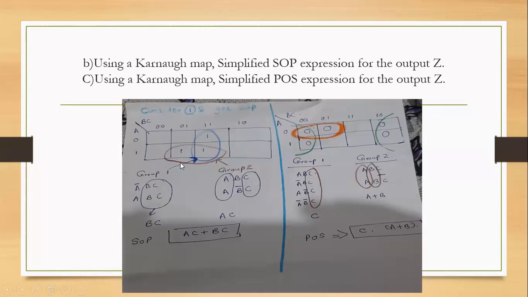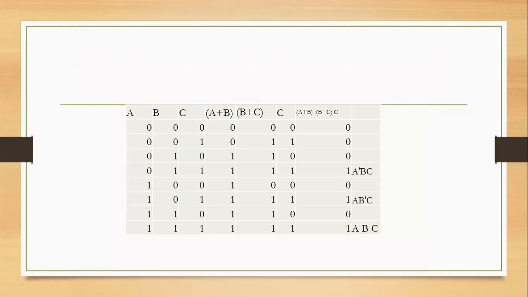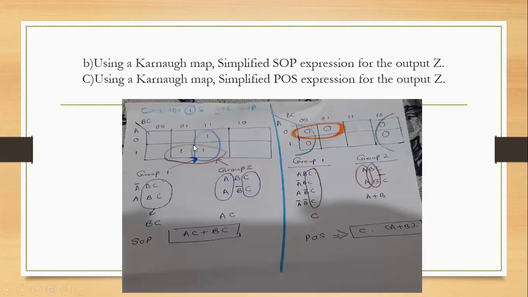You have to draw the Karnaugh map. A, 0 and 1, B C, here 00, 01, 11, 10. There we have to mark the ones. These ones: A bar B C, A B bar C, and A B C. Here we have marked it.